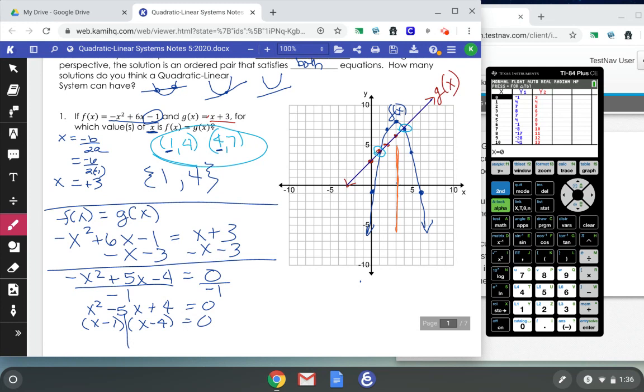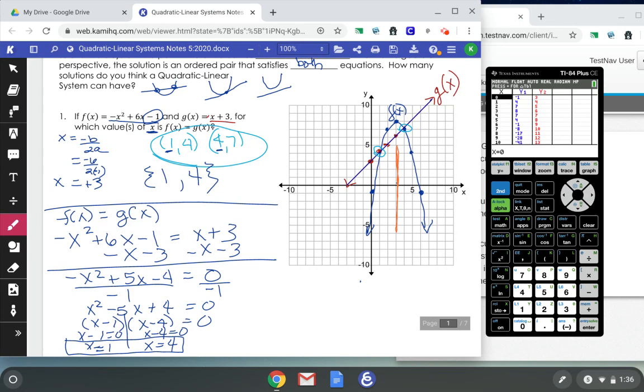All right, so then I could solve this. x minus 1 equals 0, so that means x is going to be 1. And if I have x minus 4 equals 0, that means x could be positive 4. So these are the two possible x values where these functions would equal each other.